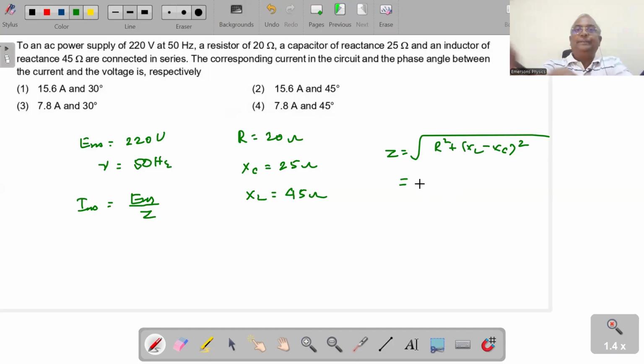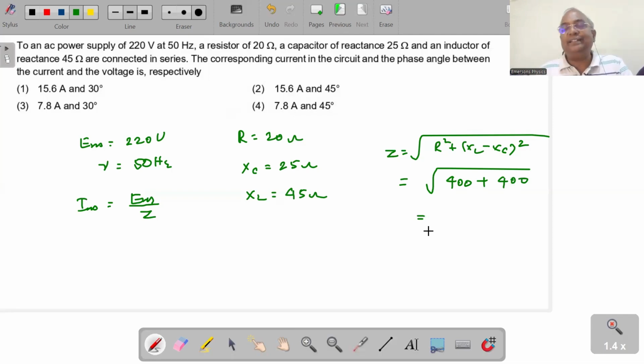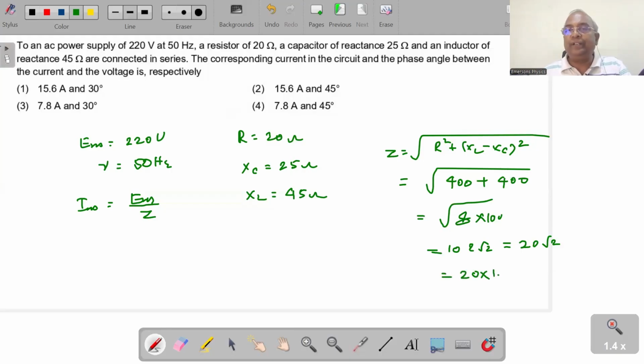R is 20, so R squared is 400, plus XL minus XC, 45 minus 25, that is also 20, whole squared 400, which is 800. 800 we can write conveniently as 8 into 100, which is 20 root 2 ohm. 20 into 1.414, which is 28.28.